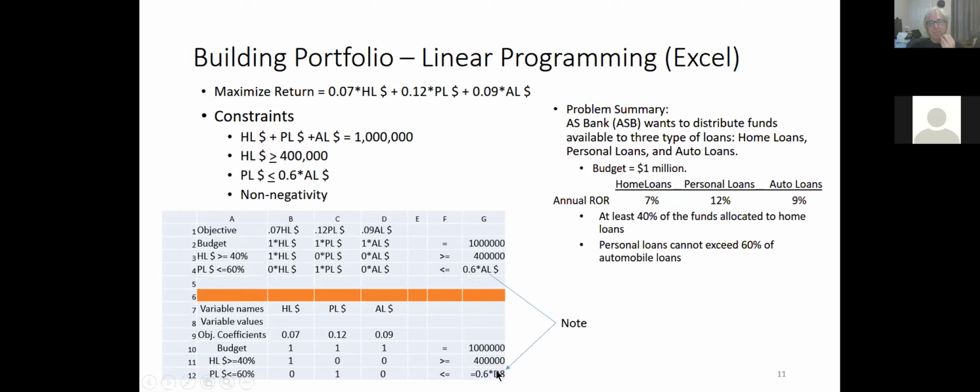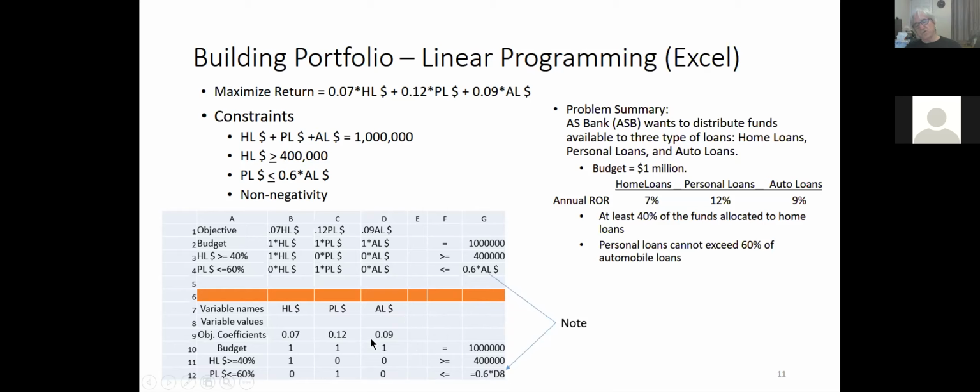Solver or Excel must have here a cell, a value that Solver can understand. You write equal to 0.6, and you multiply it by the cell where the value of the auto loan is going to be placed. And this is cell D8. So 0.6 times D8. I saw in the book, in your text, likes constraints like this. And many questions have such constraints, so it pays to understand how to set them up. Okay. And this is the spreadsheet preparation.